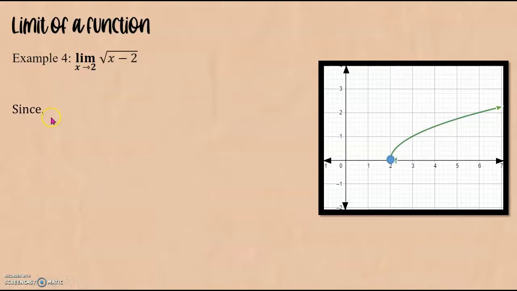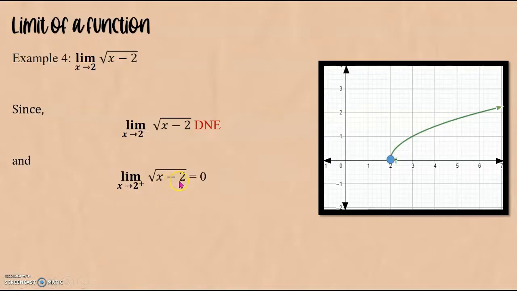Now, since the limit of the square root of x minus 2 as x approaches 2 from the left does not exist, and the limit as x approaches 2 from the right is 0, take note that our left-hand limit and right-hand limit are not equal because the left-hand limit does not exist.